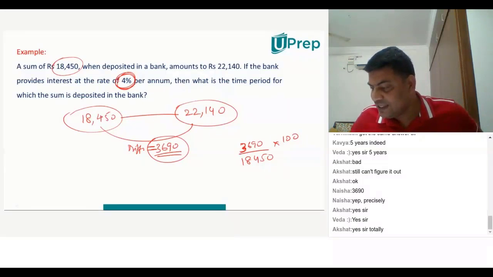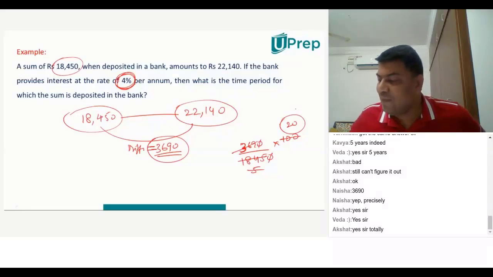I can simply see this as 0 gets cancelled, 369. If you are smart, you can see this is how many times? 5 times. Basically 5 times, therefore this is 20. So basically you can see this is 20. I'm earning an interest of 20%. Your 3690 on a base of 18,450 is 20%.